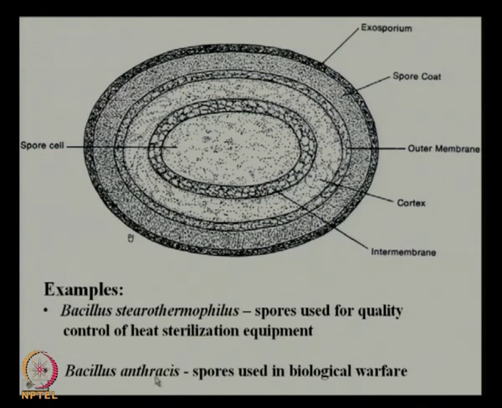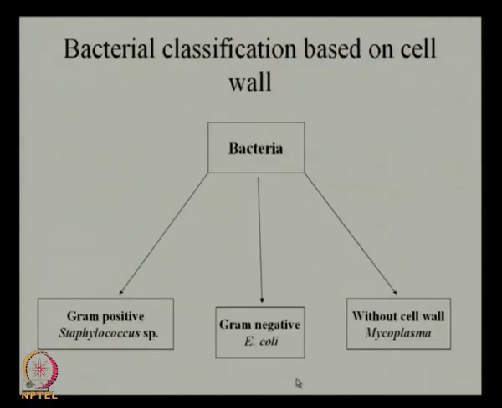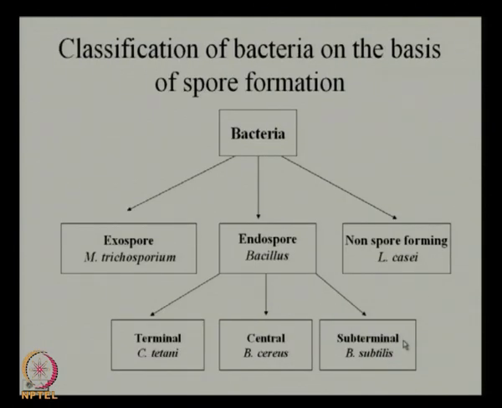Bacillus anthracis, that is the spore used for biological warfare. Now, in conclusion, what I would like to tell you is that if we classify the entire bacterial world, then we can classify bacteria into gram positive, gram negative, and the bacteria which do not have any cell wall, as I have mentioned, mycoplasma is one such example.